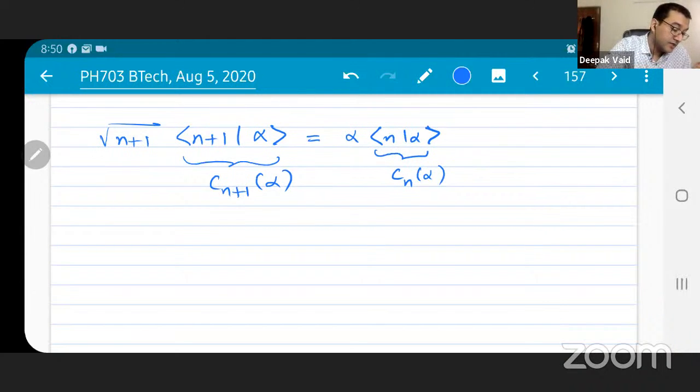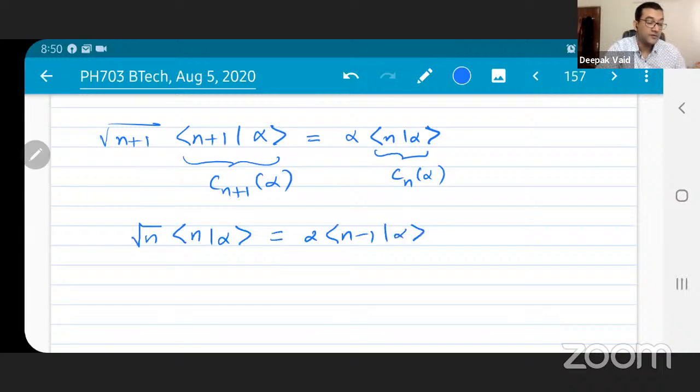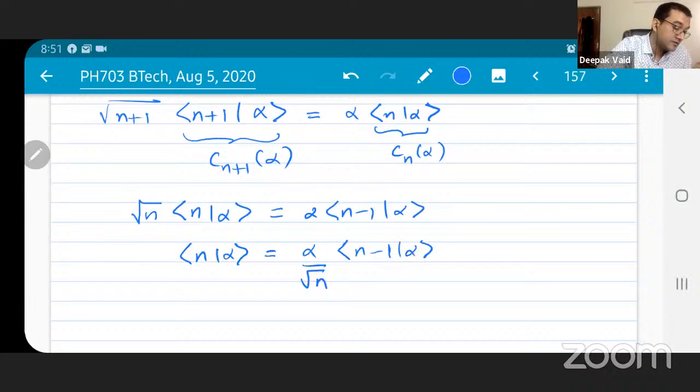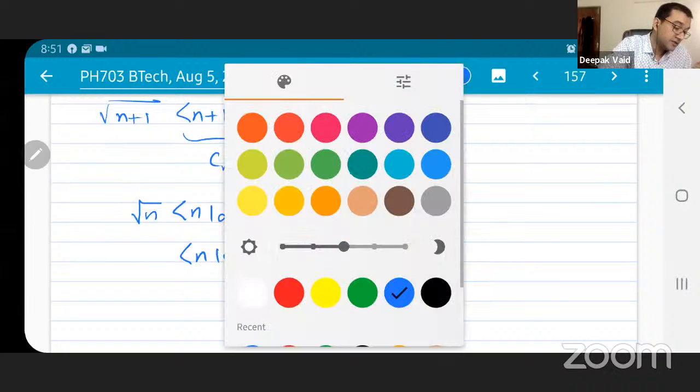So for example, if I reduce n, if I go to the next level, what will I get? ⟨n−1|alpha⟩. So ⟨n|alpha⟩ is equal to alpha by root n times ⟨n−1|alpha⟩, and this is the recursion relationship we need.